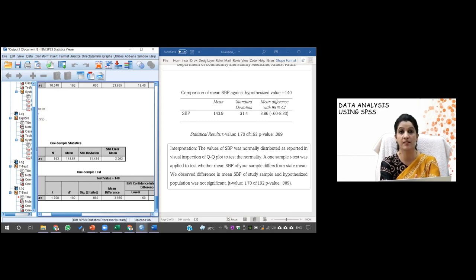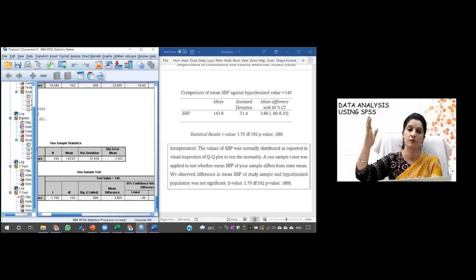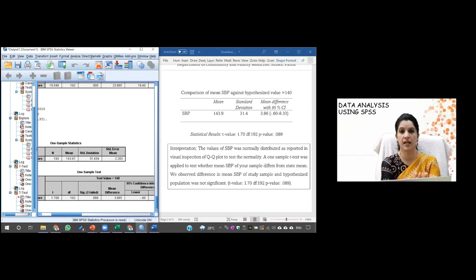So in this case, since it is a mean difference with 95% confidence interval, the 0 should not come in between. It should be either towards the plus side or towards the minus side, less than 0 or more than 0.